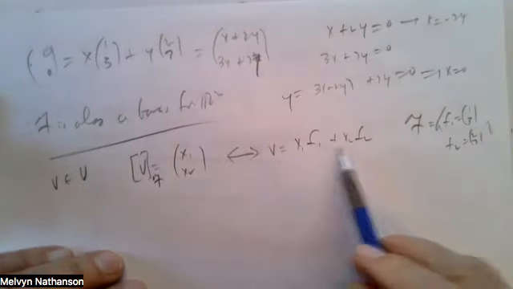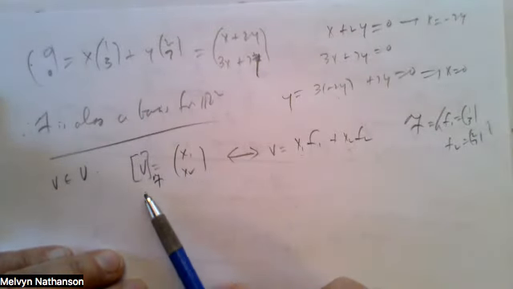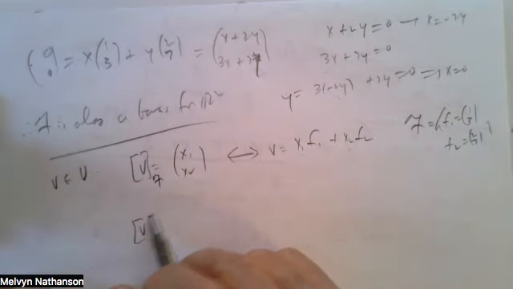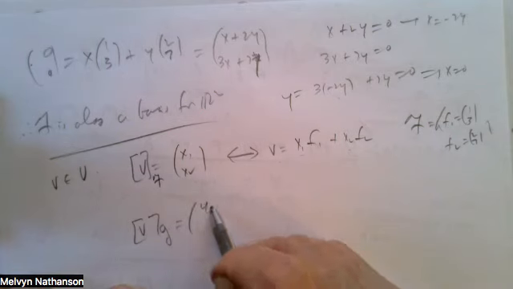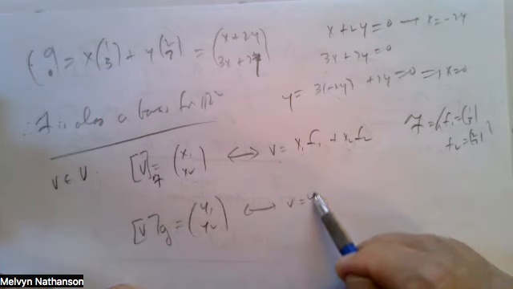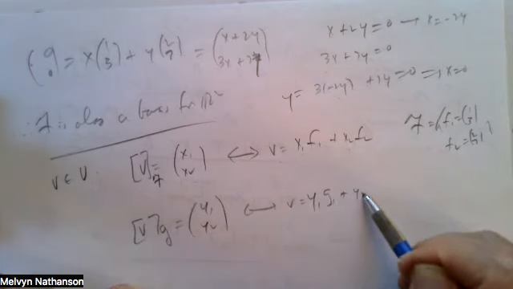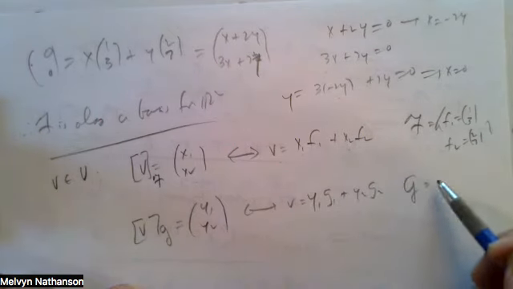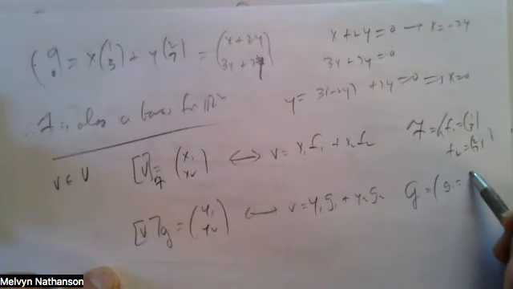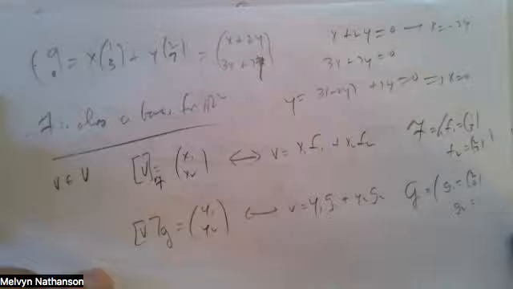So these are the coordinates, the coordinate vector for any vector v with respect to F. You can also write the coordinate vector of v with respect to the basis G as y1, y2, which means v is y1 g1 plus y2 g2, where g1 is the vector (2, 0) and g2 is the vector (1, 1).